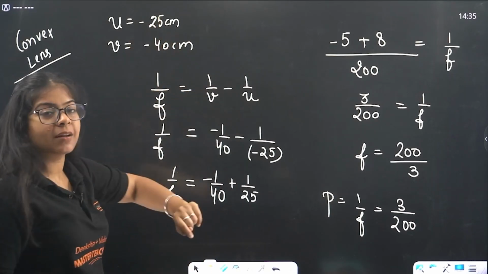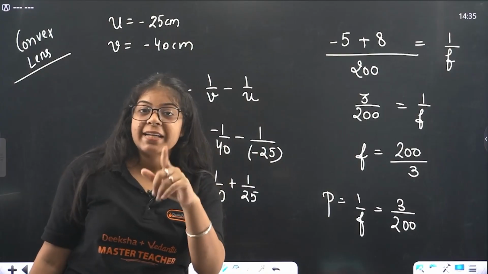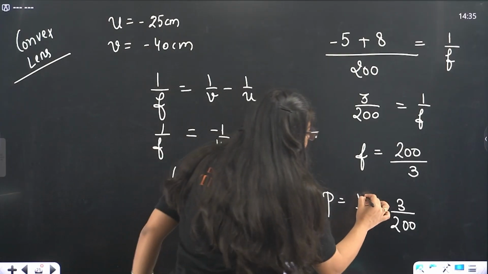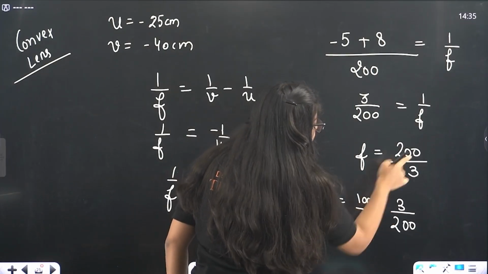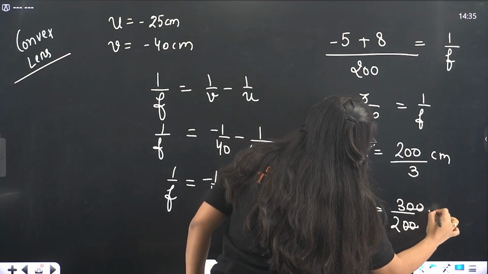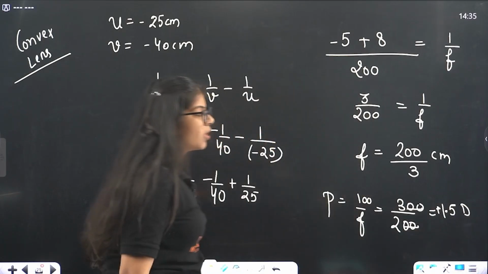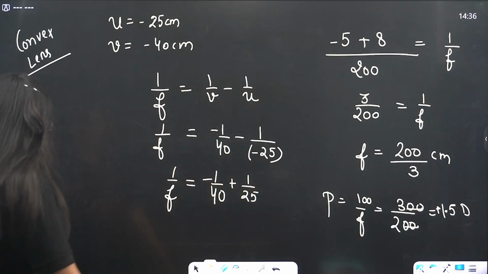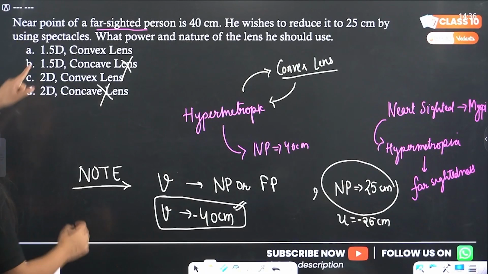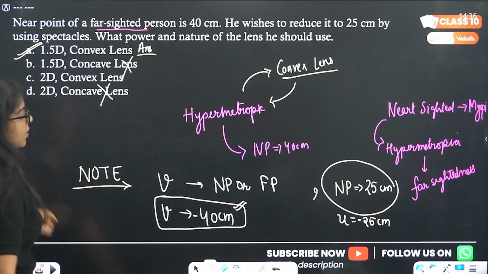This is in centimeter. The power formula for centimeter is not 1 by F. For meter, it is 1 by F. So this will be 100 by F when F is in centimeter. So this will be 3 by 2, which is 1.5 plus diopter. So your answer will be plus 1.5 diopter convex lens. A will be your answer.